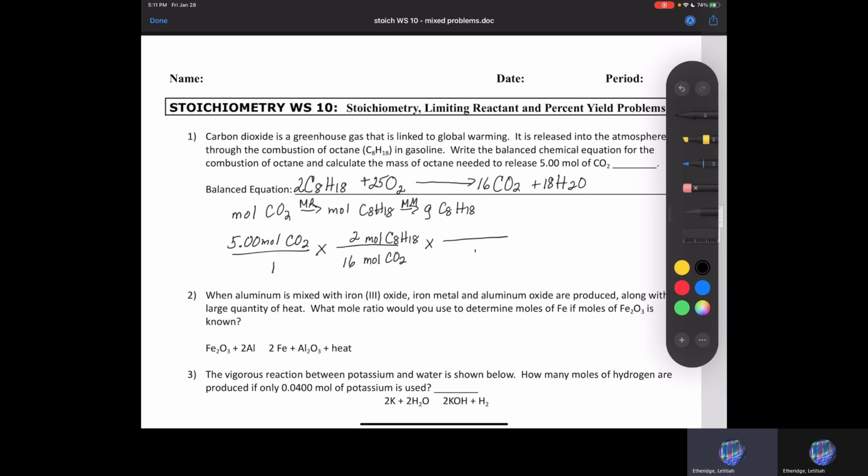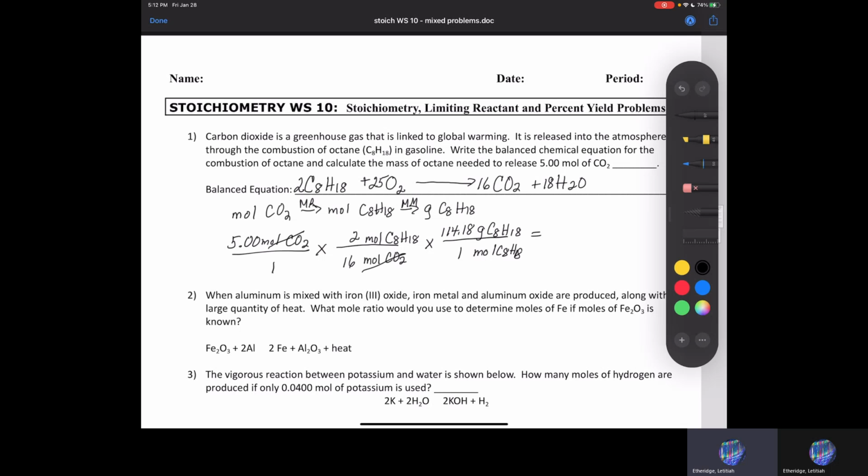Okay. And then we're going to go mole of octane on the bottom, gram of octane on top, and your molar mass is 1 mole has a mass of 114.18. Okay. As always, make sure your units cancel.